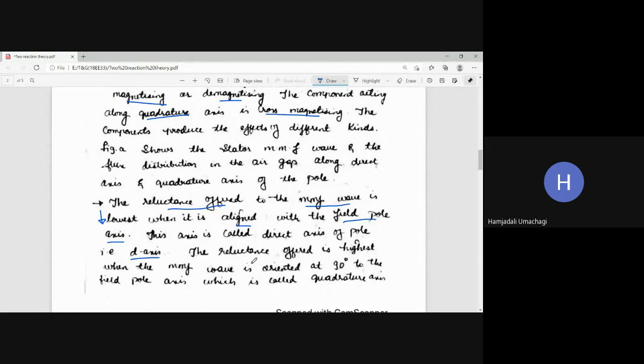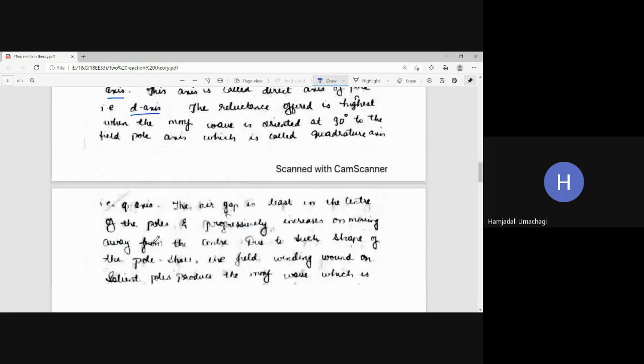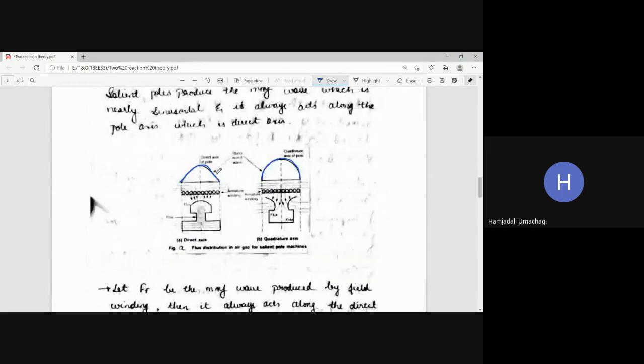The quadrature axis offers maximum reluctance for the MMF wave, whereas the direct axis or pole axis offers minimum reluctance. Because of that change in reluctance, you can observe a change in the wave shape of the stator MMF wave.